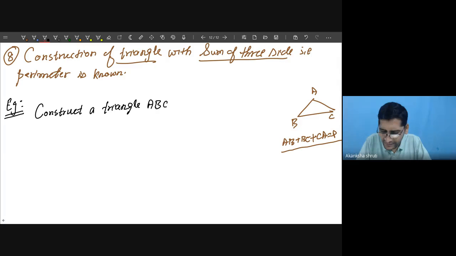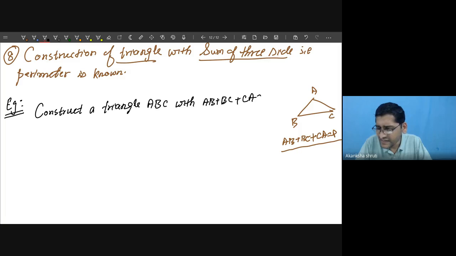Construct a triangle ABC with AB plus BC plus CA, let us take this as 13 centimeter. And let me take BC as the base.